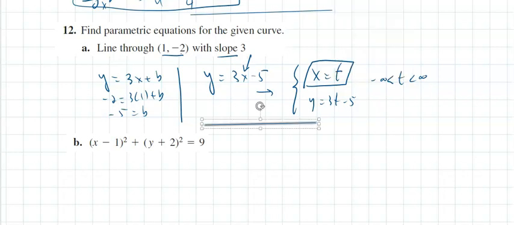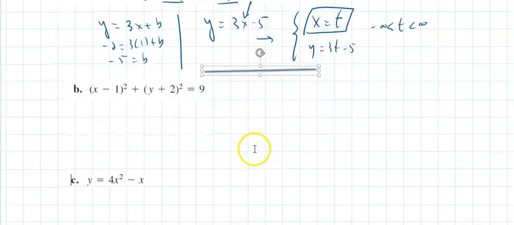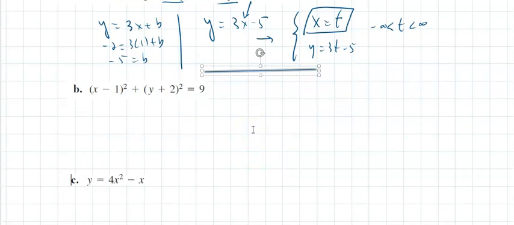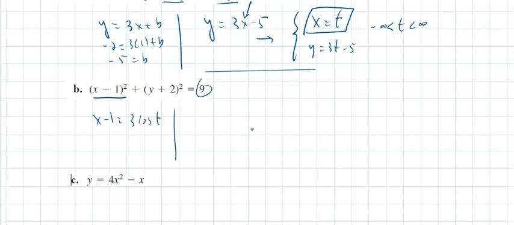So, next equation. I want to find the parametric equation for a circle. Now, they're not specifying how this looks or direction. But we know that we could take x minus 1 and set it equal to 3 cosine of t. We did that a few times already. So x is 1 plus 3 cosine of t. And we could say y plus 2 should equal 3 sine of t.